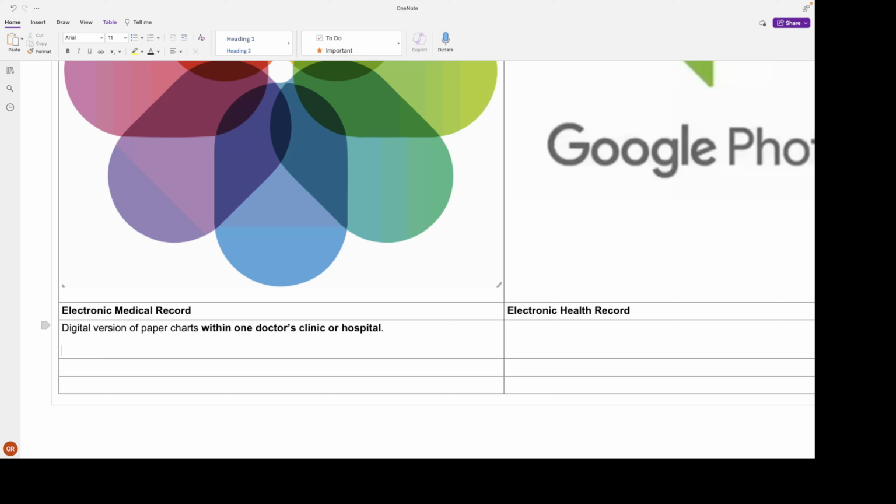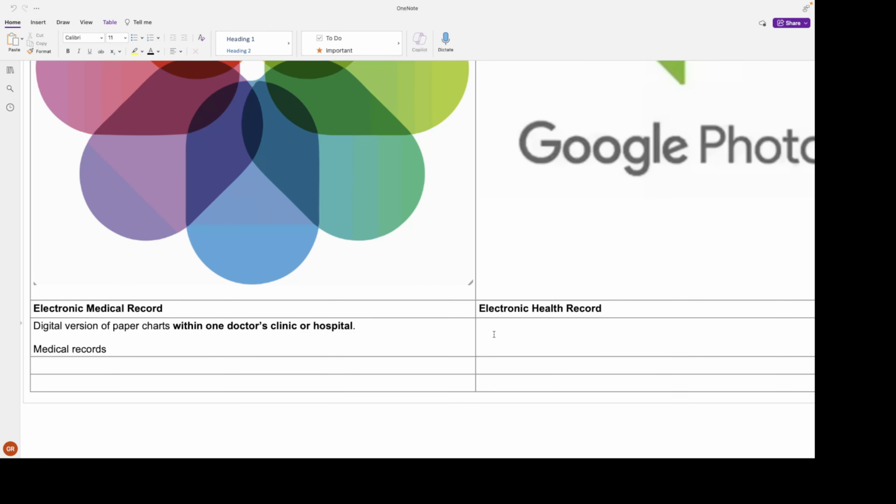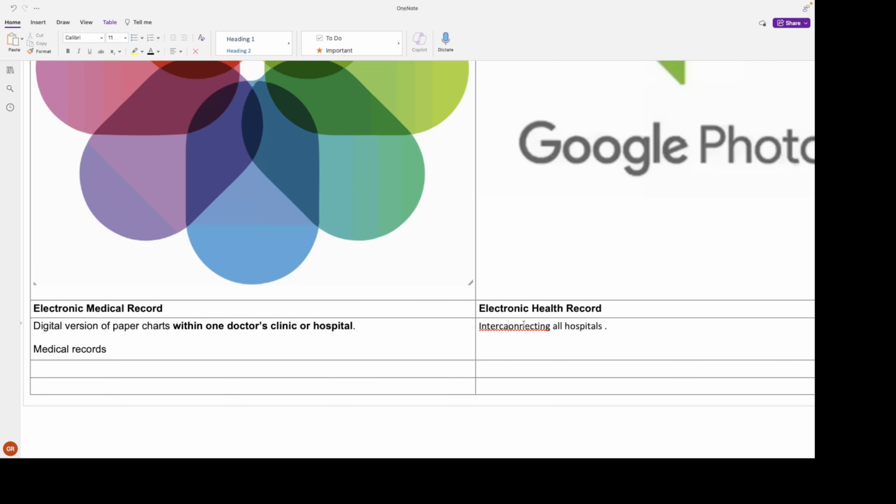All your different types of medical records, details, and everything would be in the hospital. But EHR covers all the different departments, not only departments, but interconnecting all hospitals. So you would be asking, what is the difference between this and that?